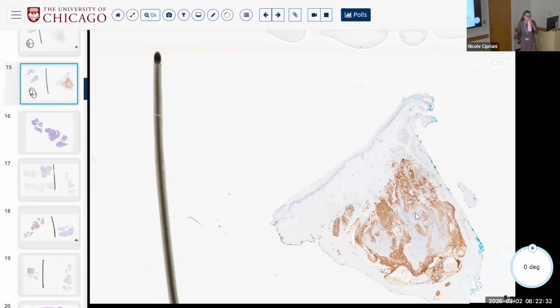What else? Do variants predict recurrence? No. What predicts recurrence is margin status. So this is one of the benign tumors that I will always report margins on, because that is what predicts recurrence. Pleomorphic adenomas, we know, can have pseudopods.